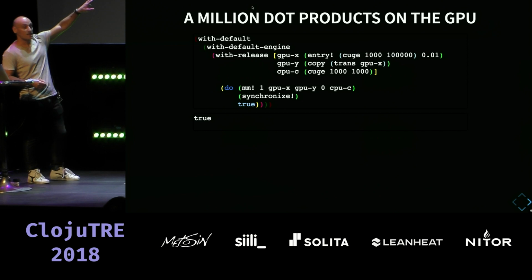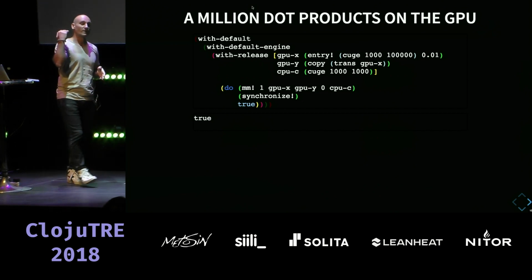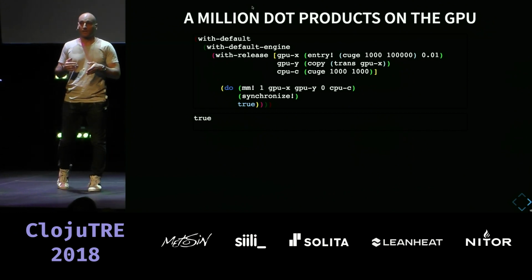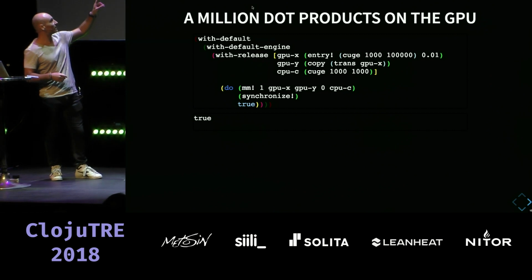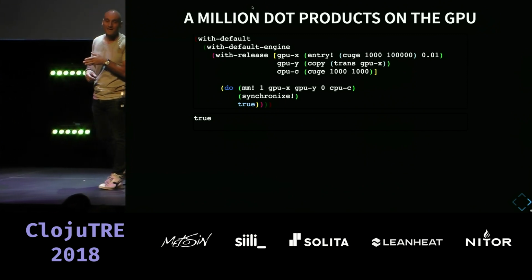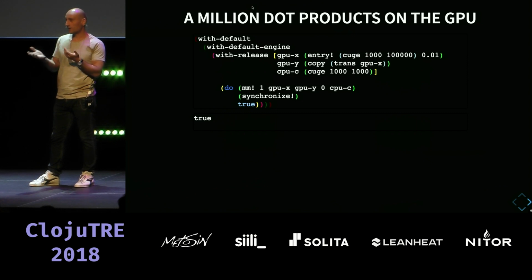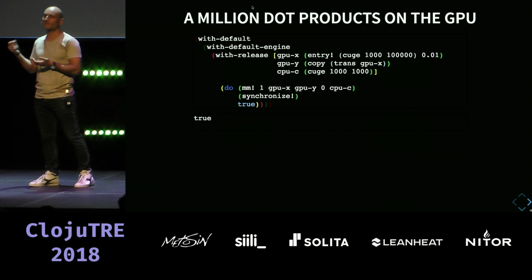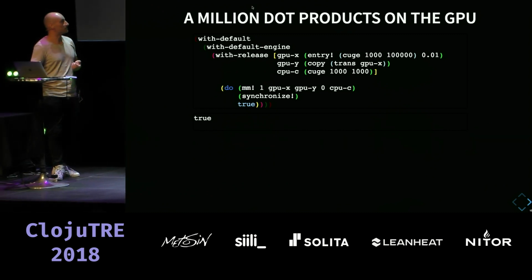The point is, if I take 2 matrices of 1,000 by 100,000 elements and multiply them, I will get a 1,000 by 1,000 matrix, which is a 1 million element matrix. To compute this multiplication, I need to do 1 million dot products of 100,000 elements. So it's quite a lot of computations.